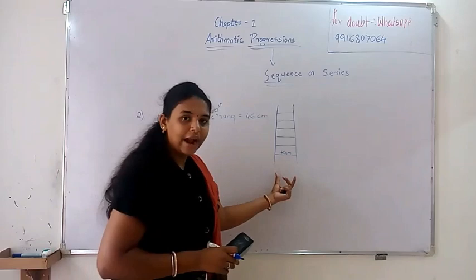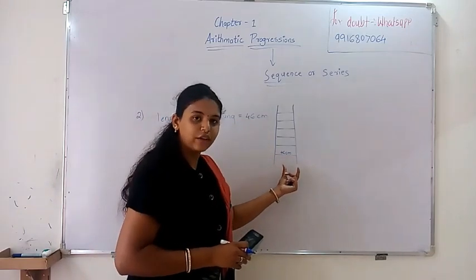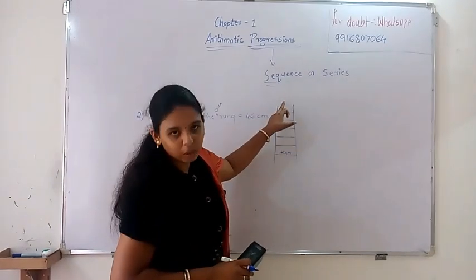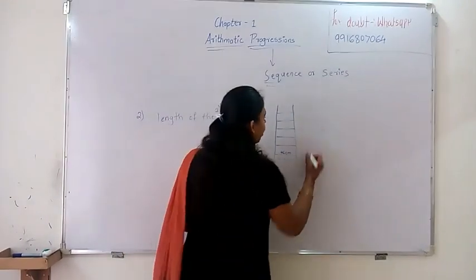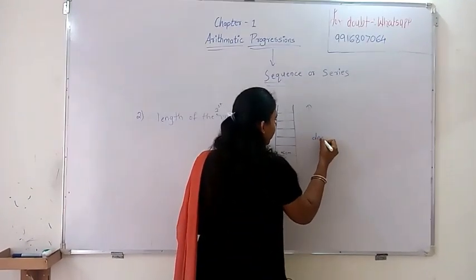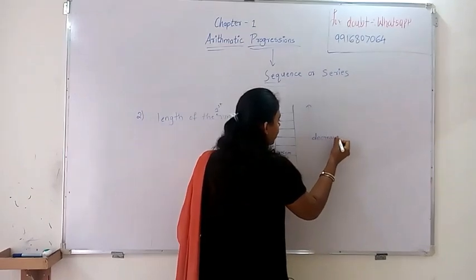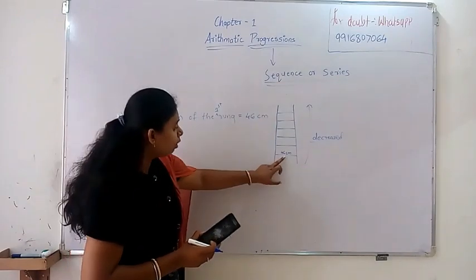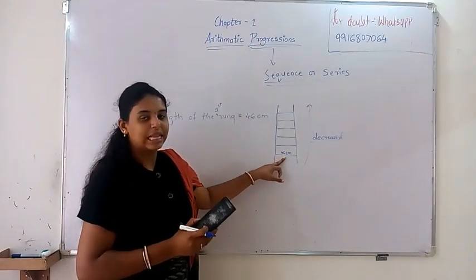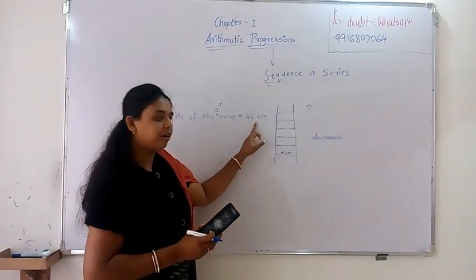Now this ladder goes on decreasing from bottom to top. We have observed this. Bottom to top it gets decreased. The first rung of this ladder is 46 centimeter.